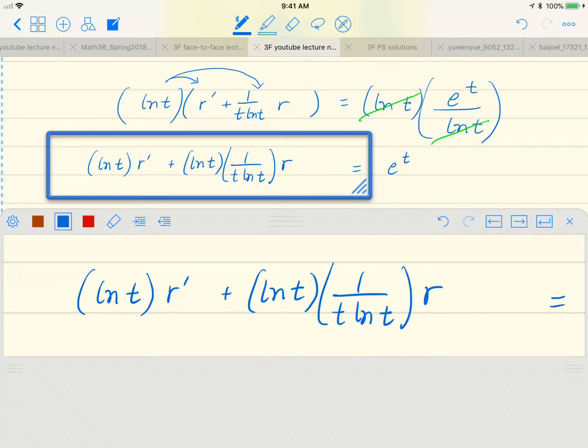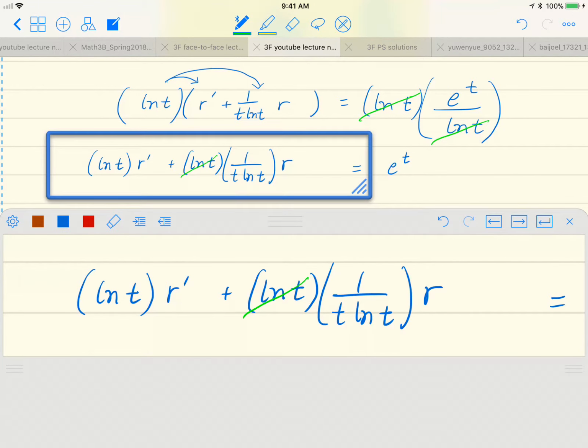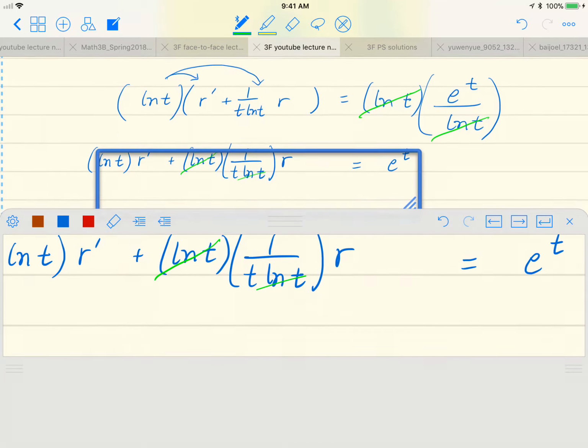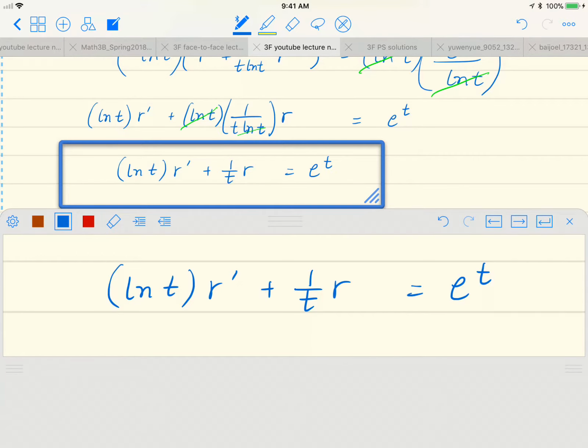Now here, I'll be able to cancel some stuff out, natural log of t in the top and in the bottom. So my left-hand side is going to be equal to natural log of t times r prime plus 1 over t times r. And that, again, is equal to e to the t.